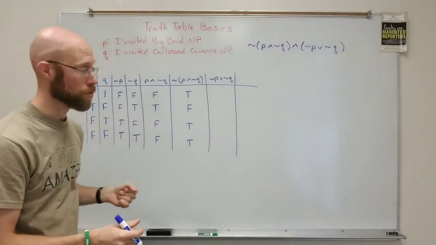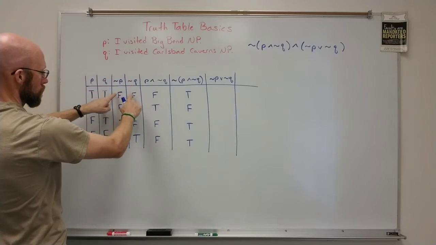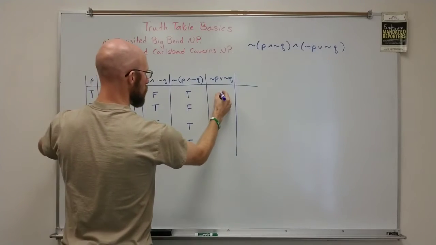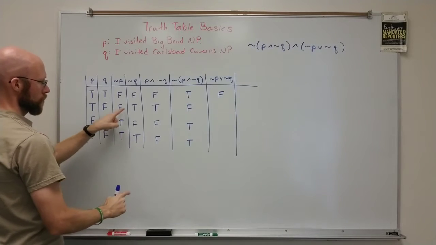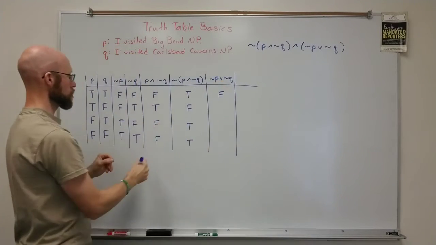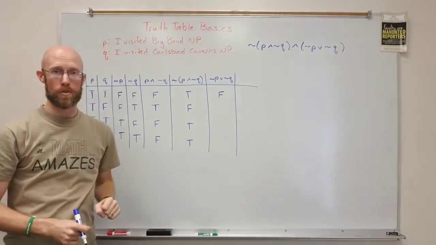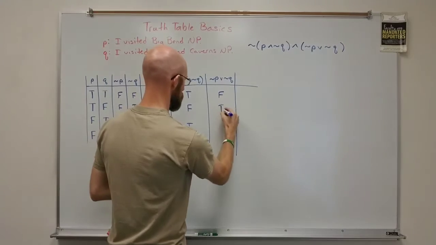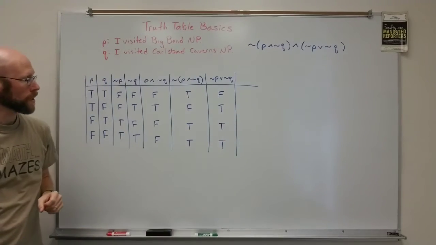Everything else will be true. So I look at the not P and the not Q, and I look for both to be false. Well, that's in the first row. Not here, not here, not here. So everything else will be true going down. Remember, an or statement is true whenever one or the other or both are true. So true, true, true.